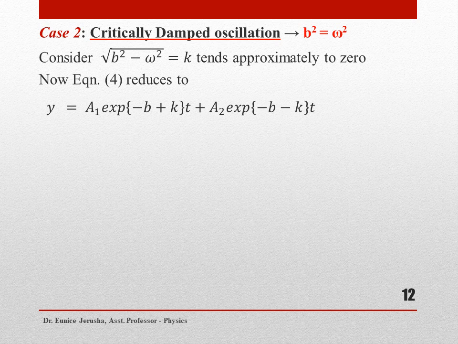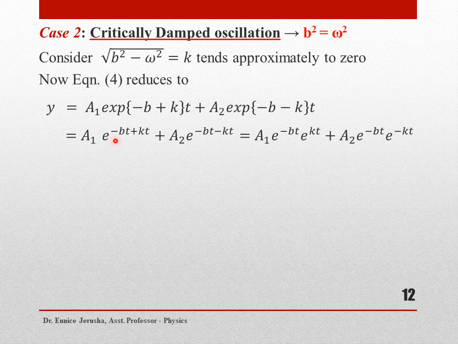Therefore, equation 4 reduces to small y equal to a1 exponential of minus b plus k into t, plus a2 exponential of minus b minus k into t. We take t inside the braces and we have a1 e power minus bt plus kt plus a2 e power minus bt minus kt.